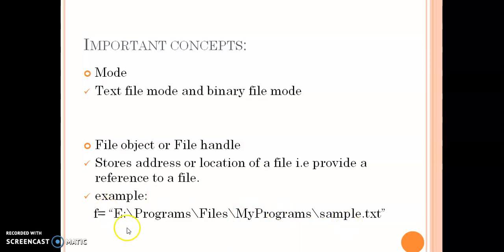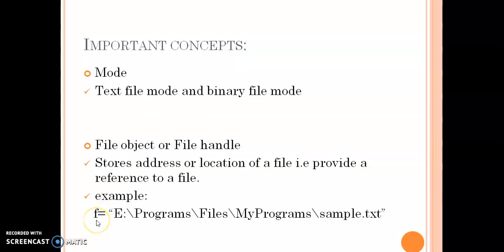Now, I don't want to keep writing the same thing over and over again every time I want to refer to sample.txt. So what I'll do is write it one time and then store this entire location, this entire route from E till sample.txt, in another name, another variable, which is F here.